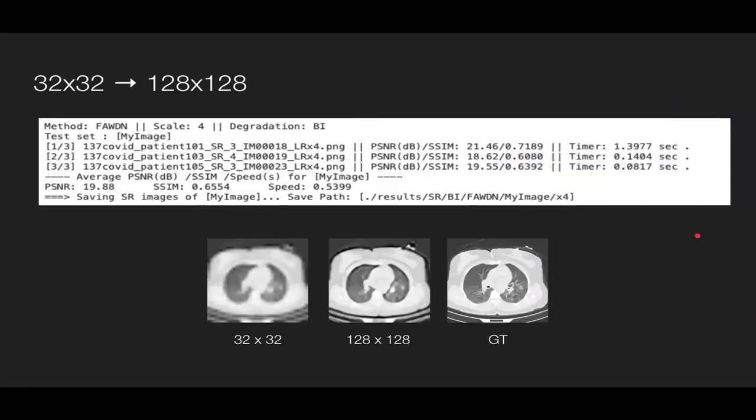Separately, we also were testing the influence of super resolution of the FODN network at lower resolutions because we saw it was successful at 256 to 512, but when you start from lower resolutions, you have even less data to work with. What we saw was if we started at 32 by 32, the PSNR scores are just unacceptable. We found that anything under 20 was unacceptable, and you could see visually how mismatched 128 is from the ground truth.